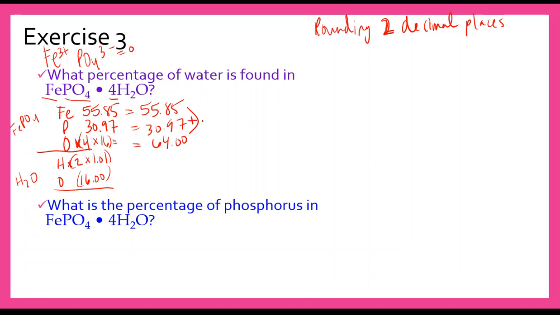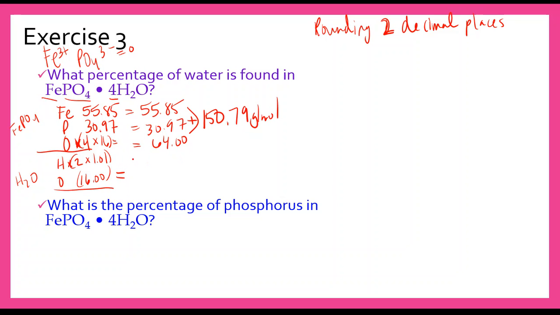Add those up and we get the mass of what we would call the anhydrate, or the ionic compound portion of the compound, which happens to be 150.97 grams per mole.